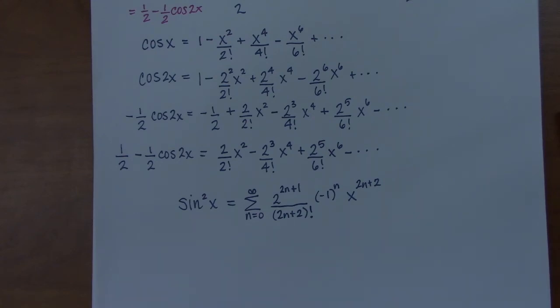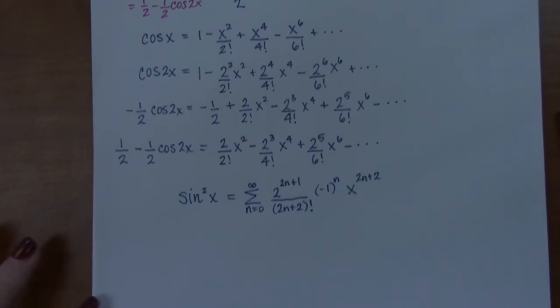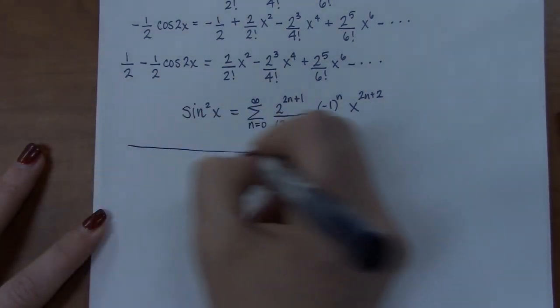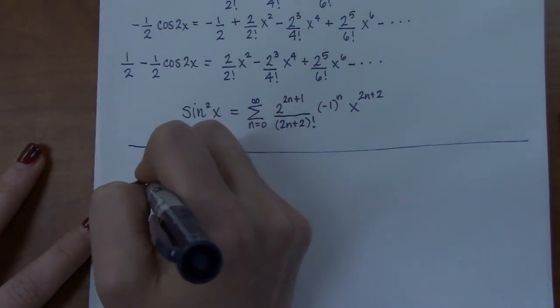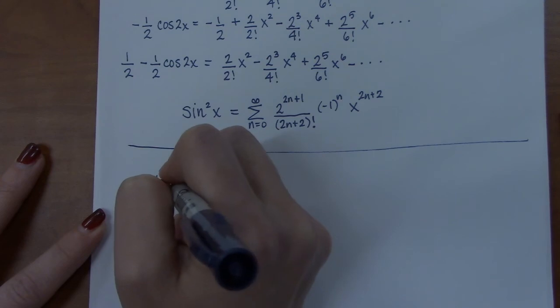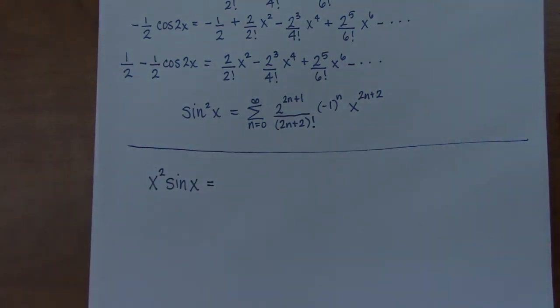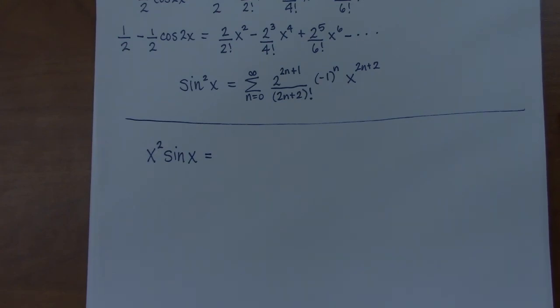There's one more example I want to show you that you can do when you're multiplying stuff together. What if I want to write the power series for something like this?